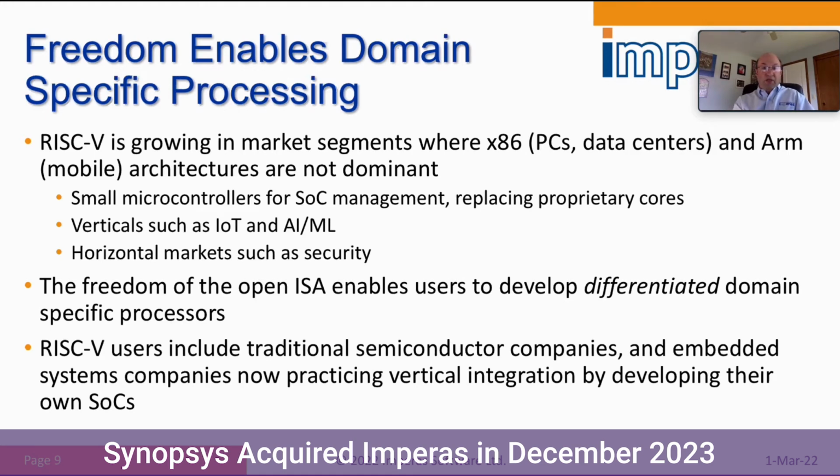The freedom of this open ISA enables users to develop differentiated domain-specific processors. So RISC-V users include the traditional semiconductor companies, but also include embedded systems companies now practicing a vertical integration by developing their own SoCs.